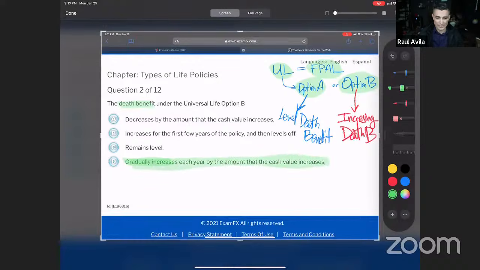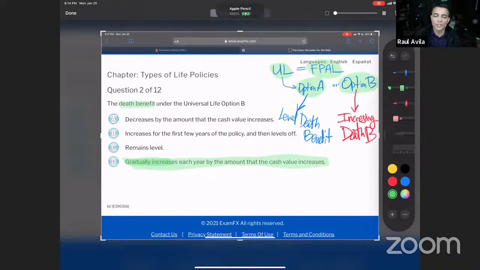So it's an increasing death benefit. But Raul, how come it's not B? B says it increases in the first years and then it levels off. And no, it doesn't level off. It either goes up or down. It increases if the cash value increases.